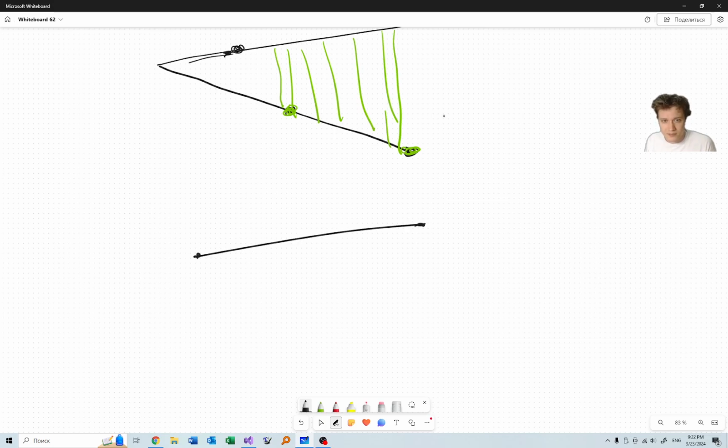Let's take two segments. Let's take 2 points of some direction. And let's take a small, we can draw it like this, for example.